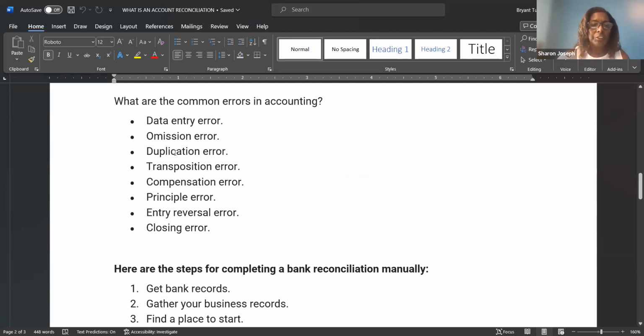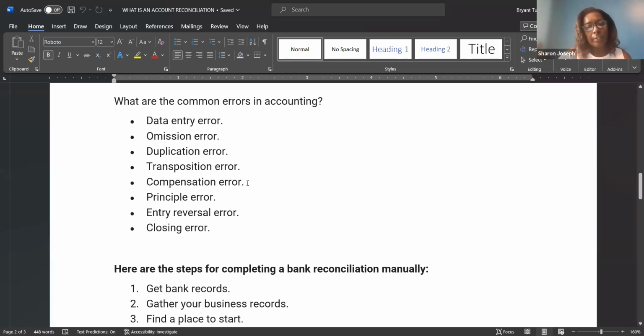You have duplication errors. That means maybe you posted an invoice twice or you posted a check twice. Something got in the bank account or in the financial statements twice. You have transposition errors. That usually means that instead of doing something as a debit, you did it as a credit. So the statement or the account is misstated.